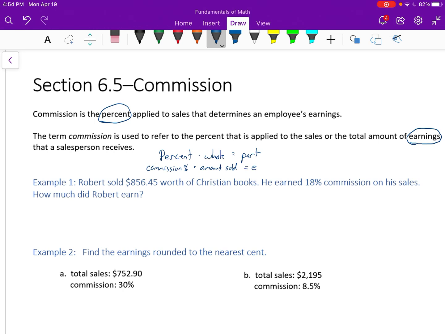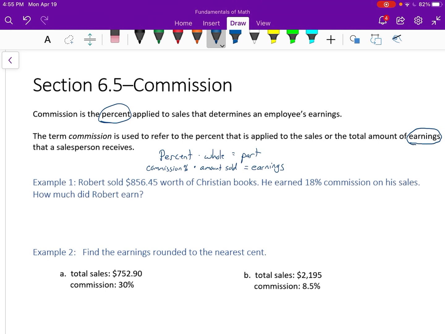A lot of times we'll say earnings. So commission percent times the amount sold equals the earnings. Again, it's a percent times whole equals part equation.